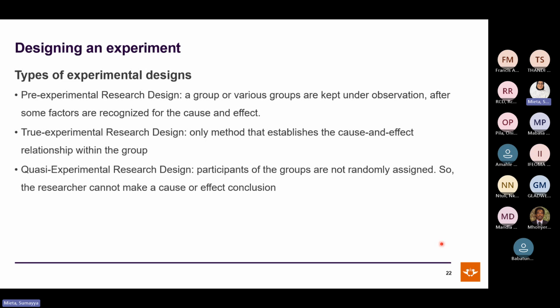It is the only method that establishes the cause and effect relationship within the group. Okay. And then we have a quasi-experimental research design, where the participants of the groups are not randomly assigned. So the researcher cannot make a cause or effect conclusion. And we're going to go into more detail on this.